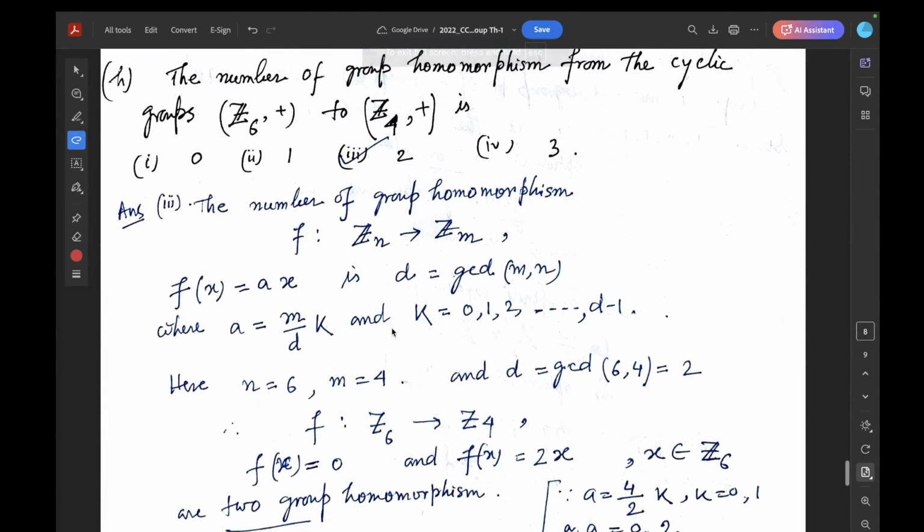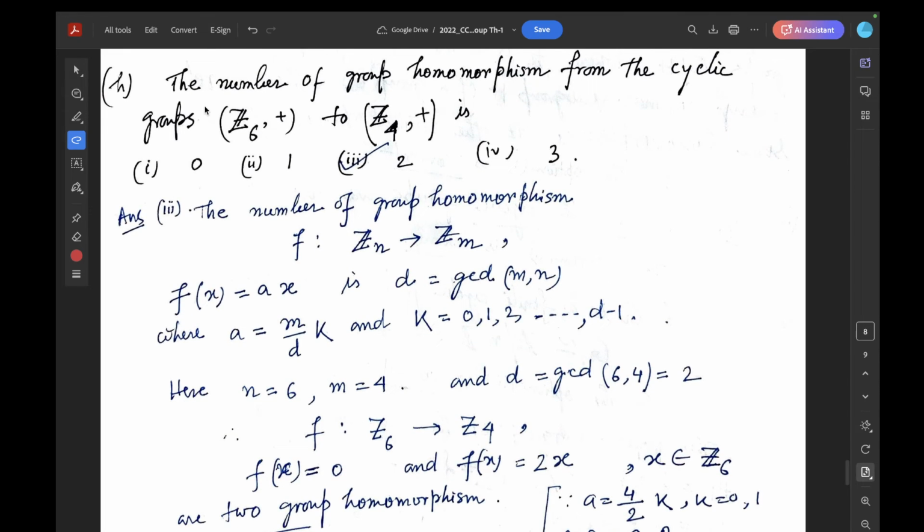For group homomorphisms from Zn to Zm, where m and n are natural numbers, let d equal the GCD of m and n. Then f(x) equals a x, where a equals m by d into k, where k equals 0, 1, 2, up to d minus 1. So here Z6 means n equals 6 and m equals 4. So d, the GCD of 6 and 4, is 2.